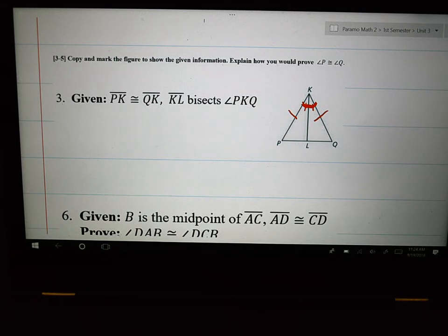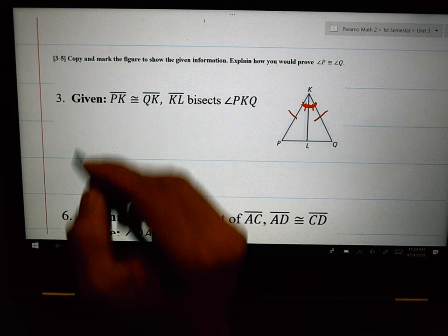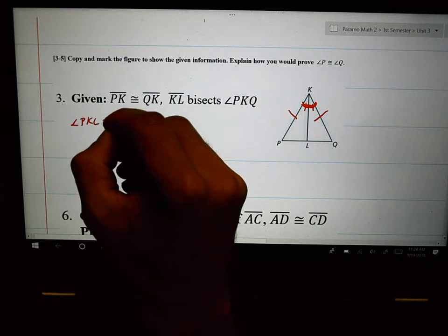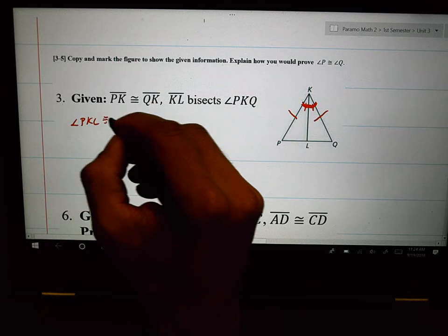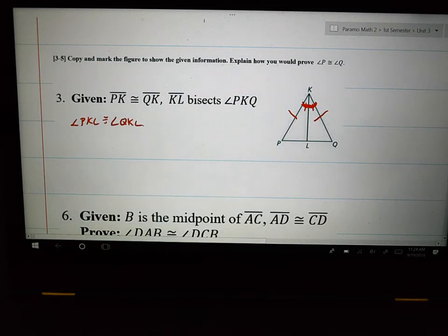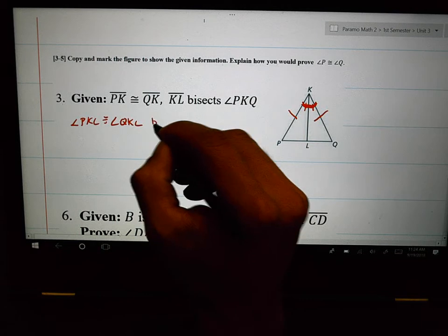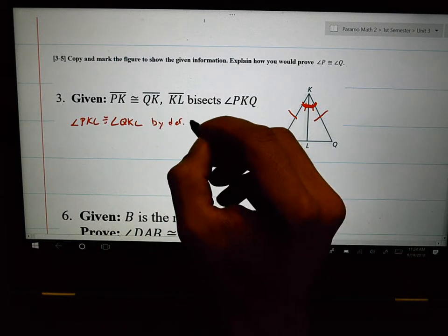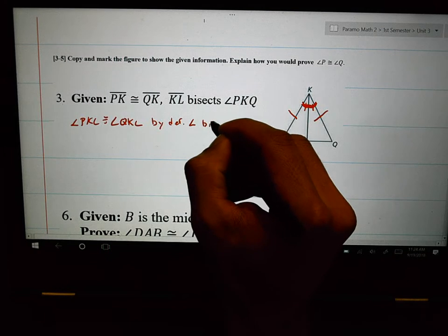I'm going to start off by saying that angle PKL is congruent to angle QKL by the definition of an angle bisector.